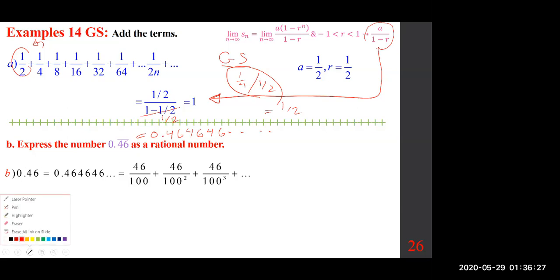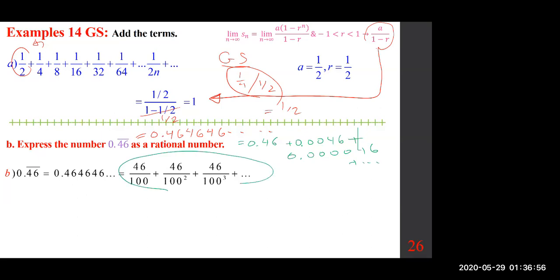This is the same as writing 0.46 plus 0.0046 plus 0.00046, and it continues indefinitely.